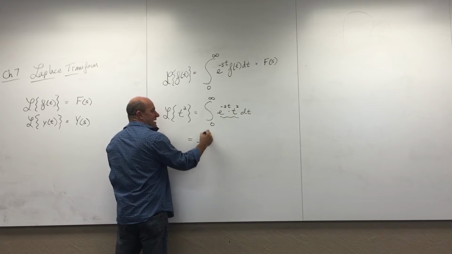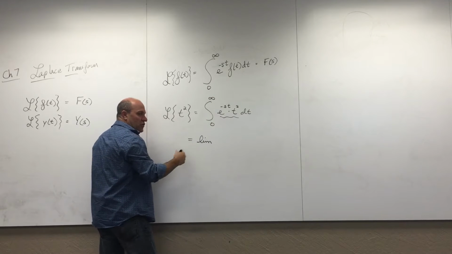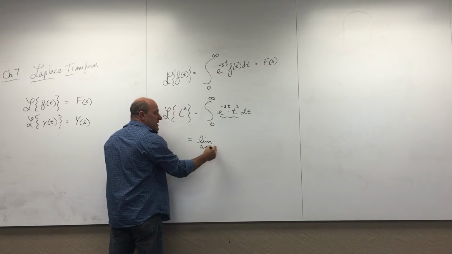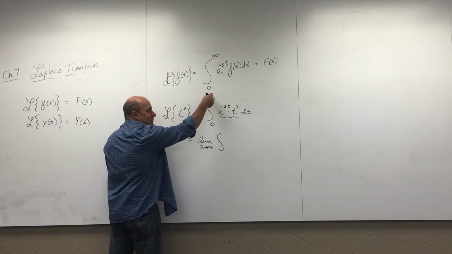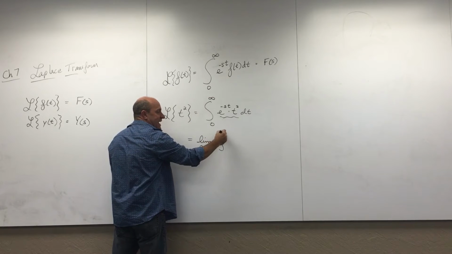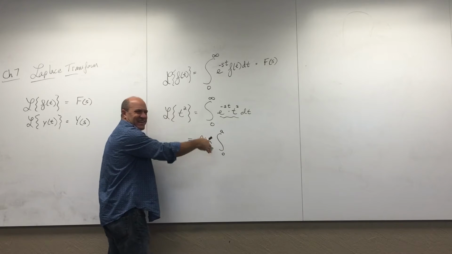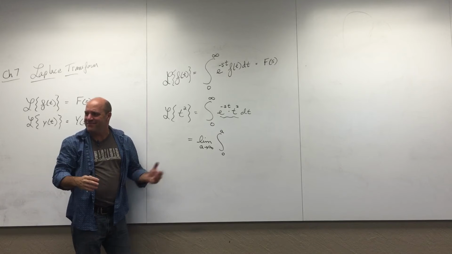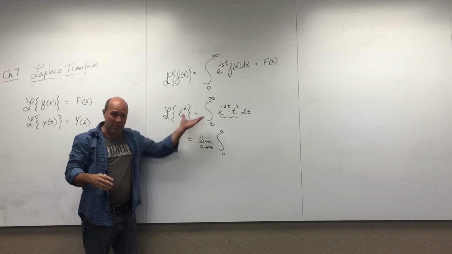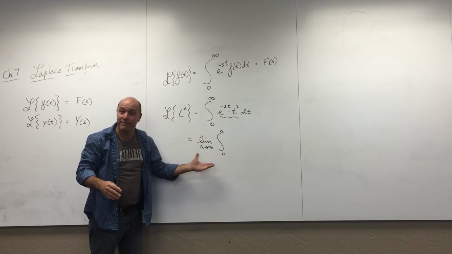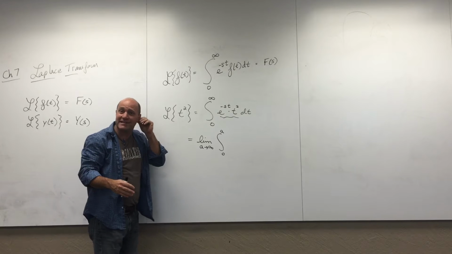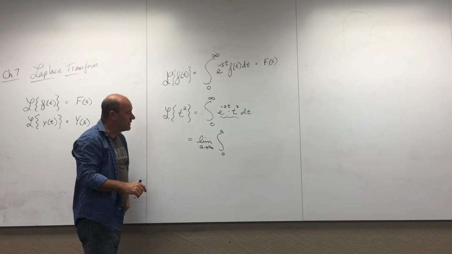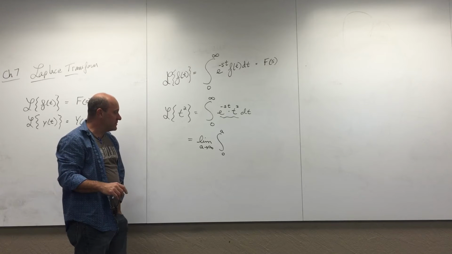What's improper about it is that infinite bound, and so you would do the limit as a goes to infinity, and you would replace the infinity with the letter a. That's kind of subtle, and it's almost just notation in a way, but that's how you make an improper integral proper. And like I said, that was in Cal 2, in section 8.7, kind of in the middle of calculus 2.